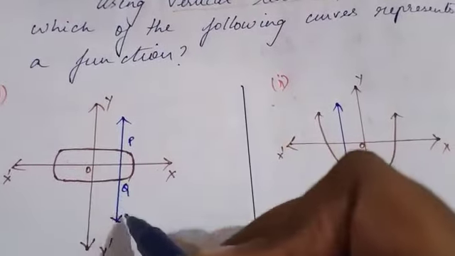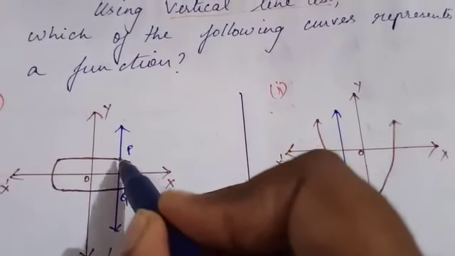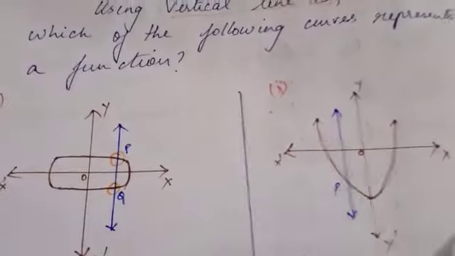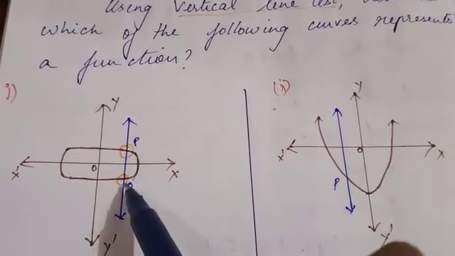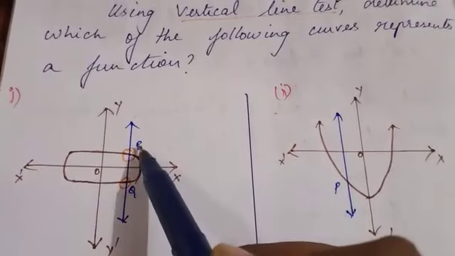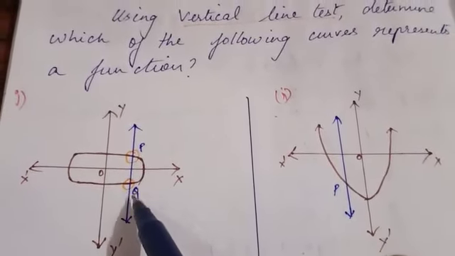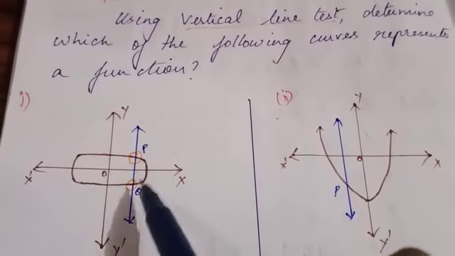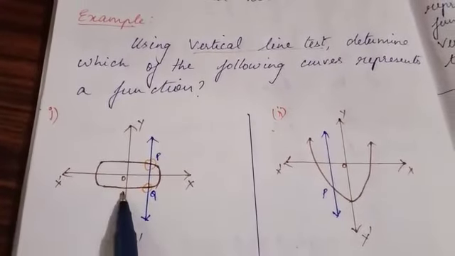The vertical line intersects this curve in 2 points, here 1 and 2. We are labeling the first intersection point as P and the second as Q. Since it intersects the curve in 2 points, this is not a function.